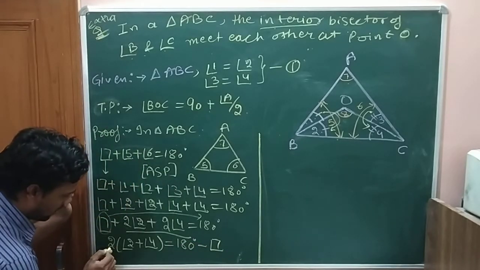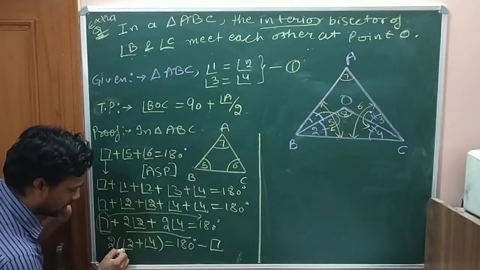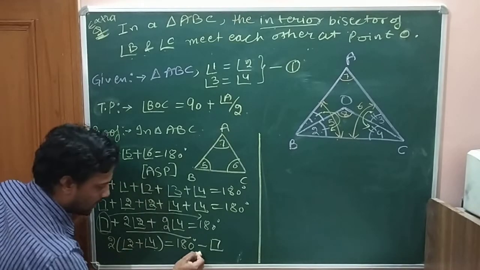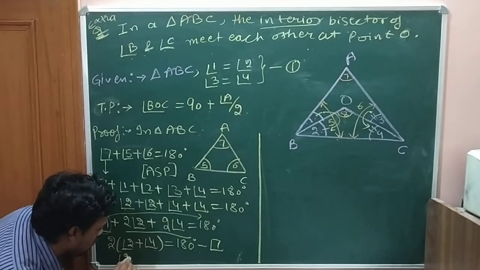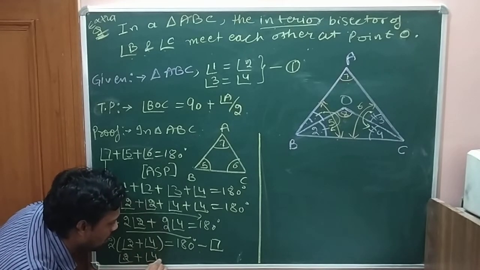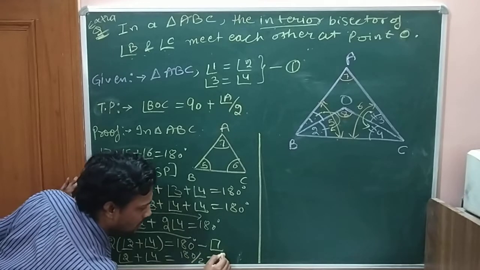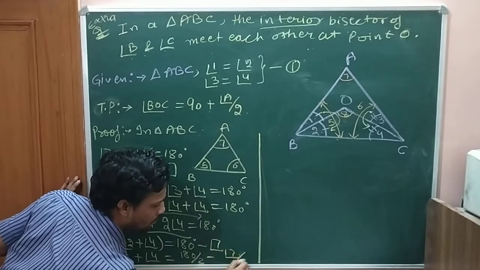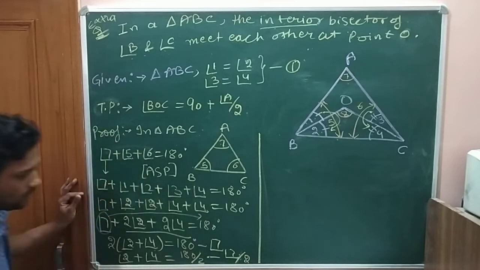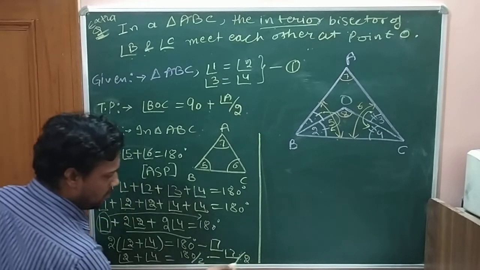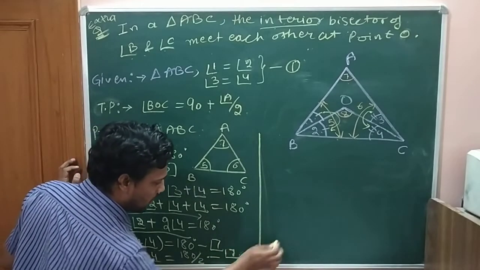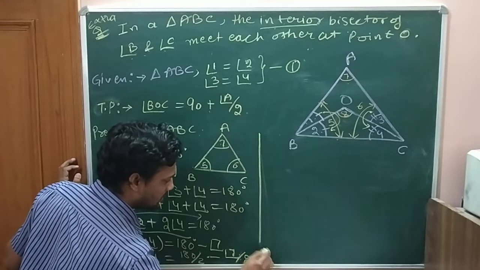Now divide by 2, because 2 is multiplying both angles. So it becomes angle 2 plus angle 4 equals to 180 upon 2 minus angle 7 upon 2. Let it be equation number 2.